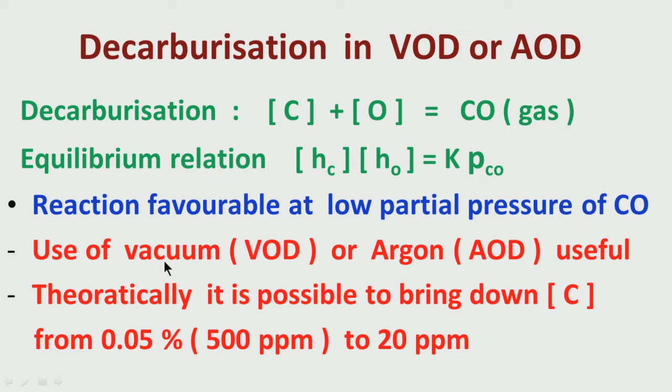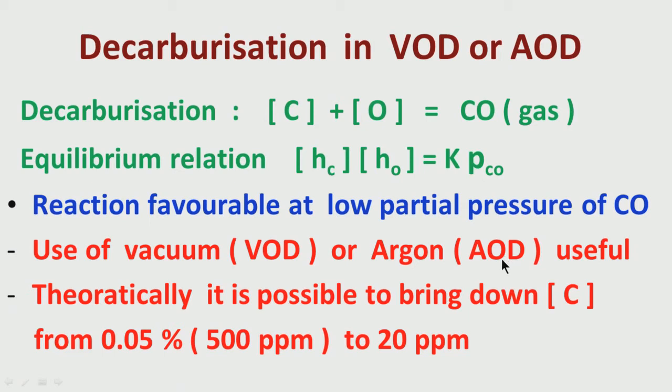If you use vacuum, that means a vacuum oxygen decarburization process, the partial pressure of all the gases will come down. In the process, the partial pressure of carbon monoxide also will come down. Or if you use argon, that means you are putting argon in the process, which is called AOD, argon oxygen decarburization.